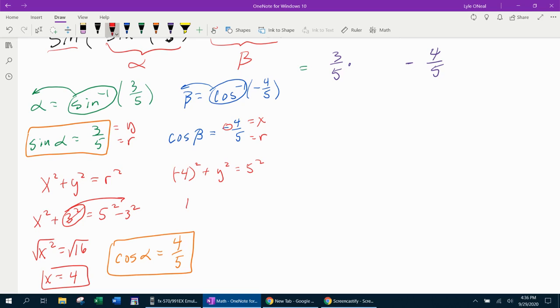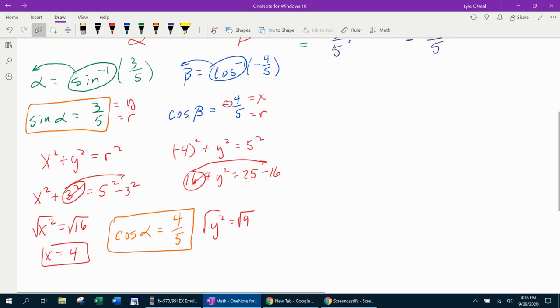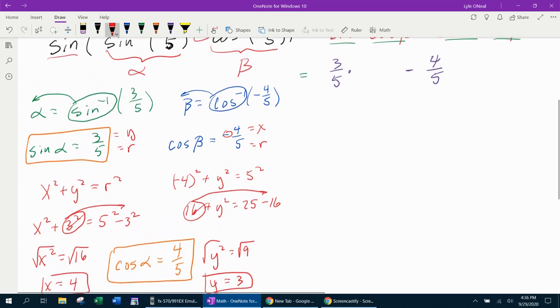And so that's going to be 16 plus y squared equals 25. Bringing the 16 over gives me y squared is 9. And taking the square root gives me y is 3. So now look what I know.